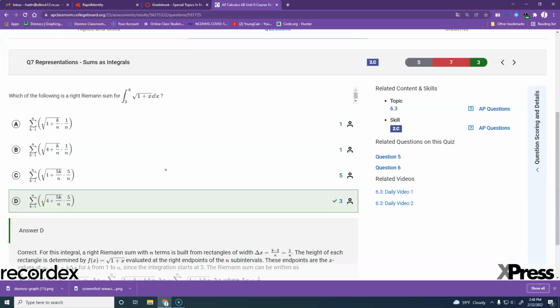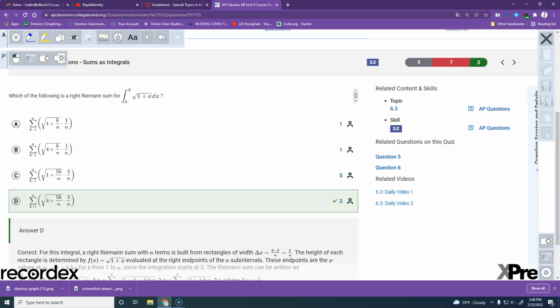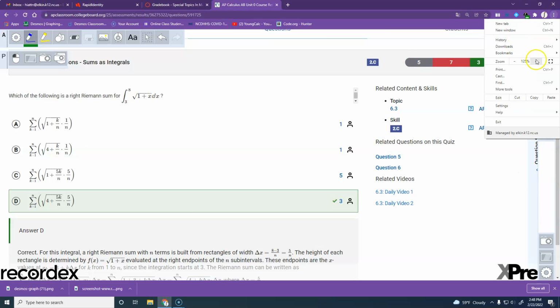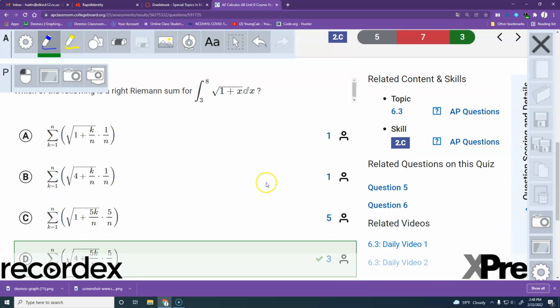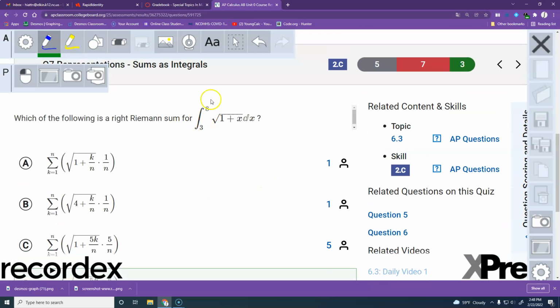What is the length of our interval here? Let me zoom in a little bit. Our length of our interval here is 5 because we're going from 3 to 8, so we just subtract those. That gives us the length of the interval that we're looking at.